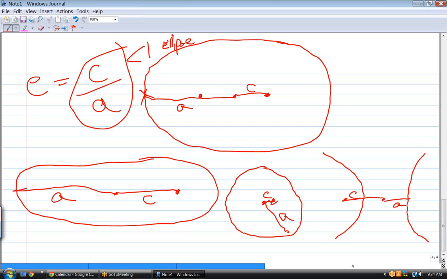And since the focal points are always inside of the hyperbola, then by definition, a is always going to be less than c. So for hyperbolas, e is always greater than 1.